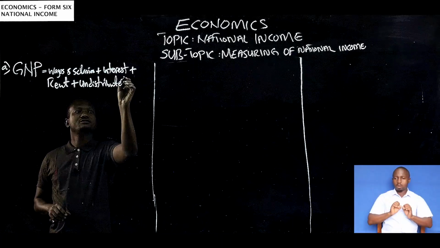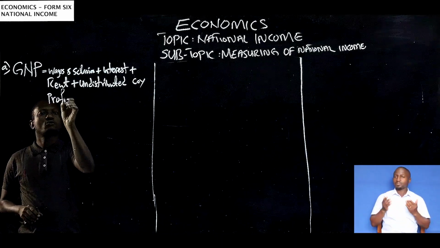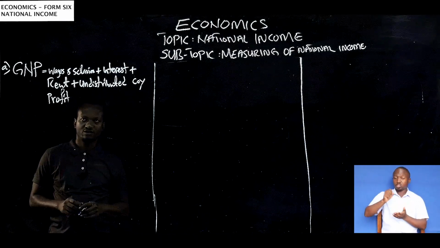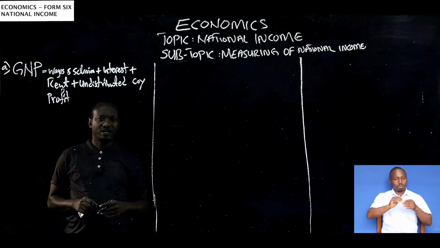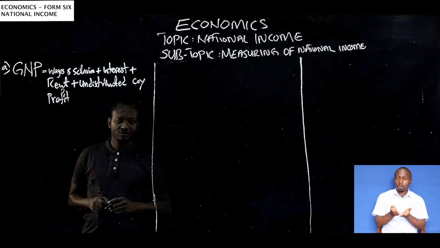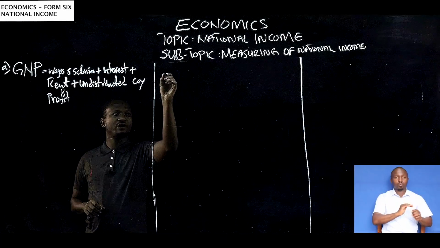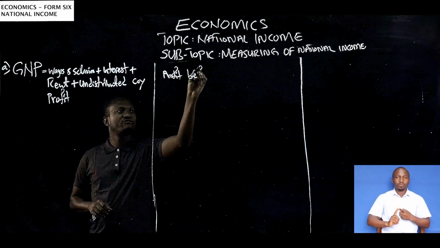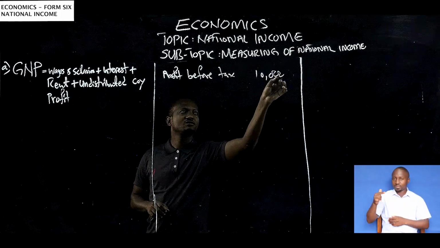Undistributed company profit is profit of the company which is always reinvested after the owners of the company share dividends. When the company gets profit, let's say profit before tax, let's say 10,000.